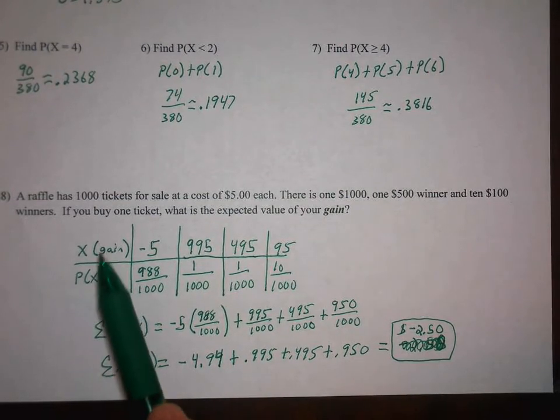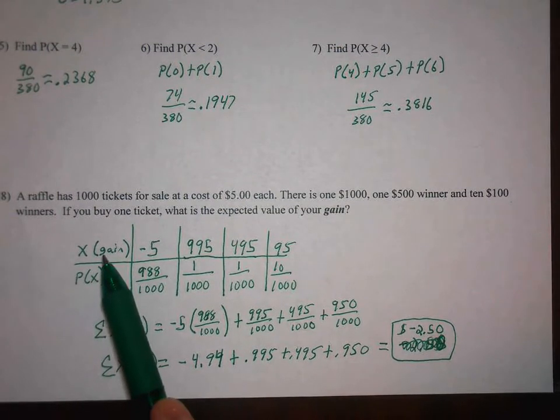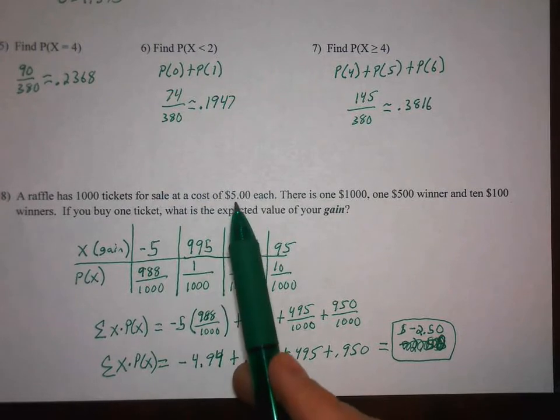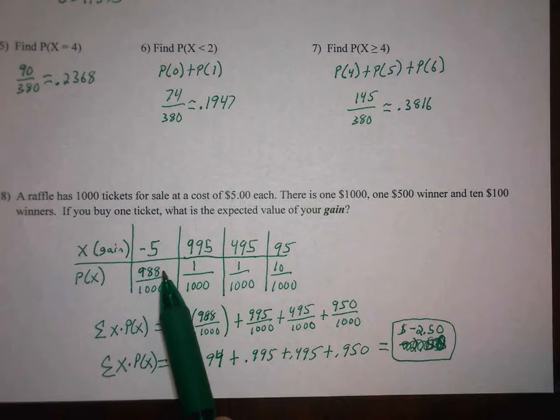So if you take X and then the probability of that X occurring, X represents the gain when you buy a ticket. So -5. So if you buy a ticket, you have to pay $5 for it. 988 of those tickets are losers out of the 1,000.